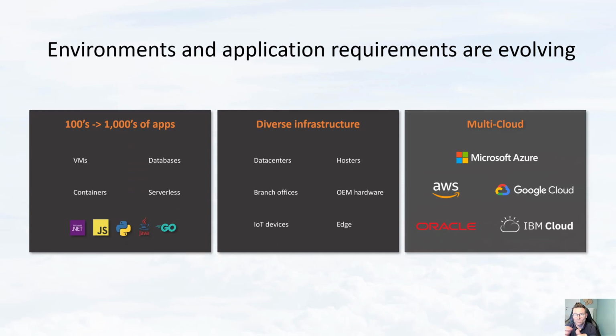Well, what we see these days is that customers often have tens or hundreds and even thousands of applications running in their environments, which are running on a diverse infrastructure. So a lot of those companies end up in a situation where they are running applications and workloads in their own data centers, in their branch offices, or even in hosting environments.